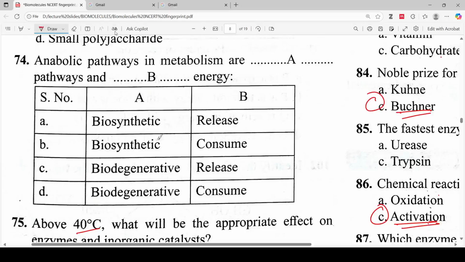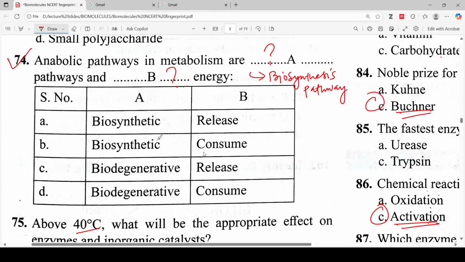Anabolic pathways in metabolism are which option? The anabolic pathway is a biosynthetic pathway. Does it release energy or consume energy?